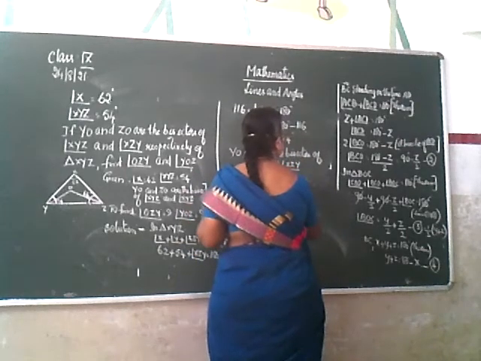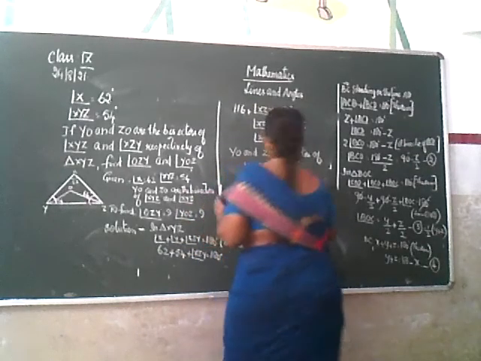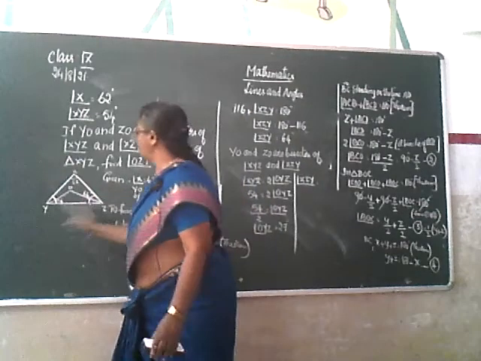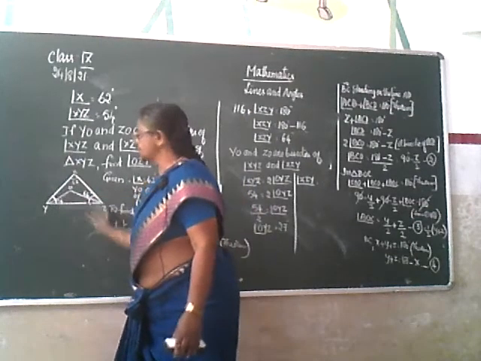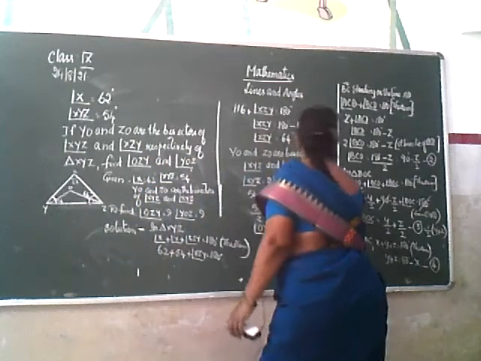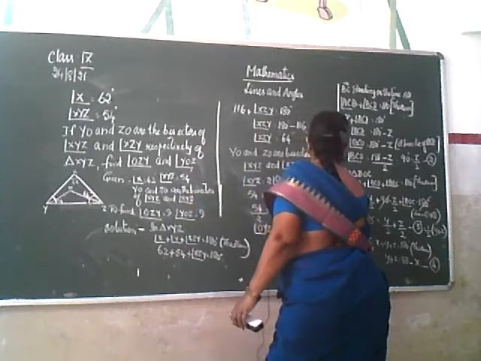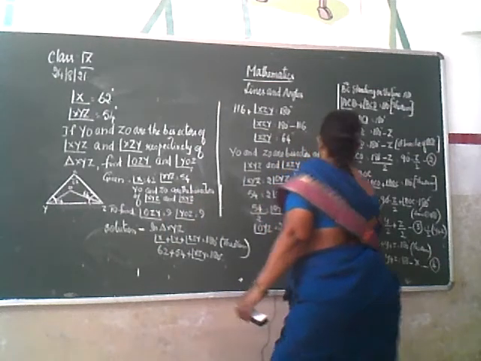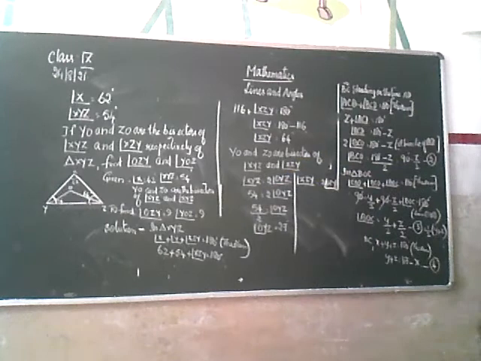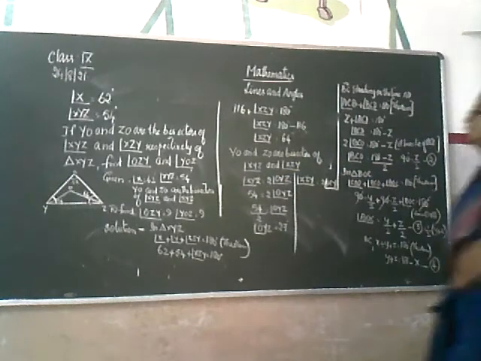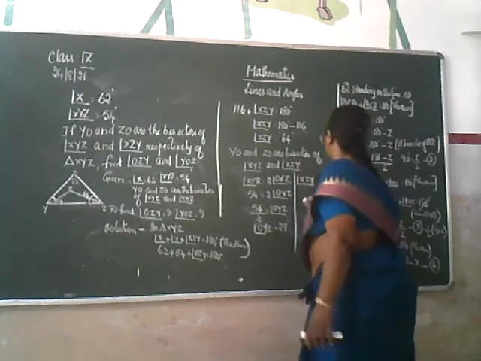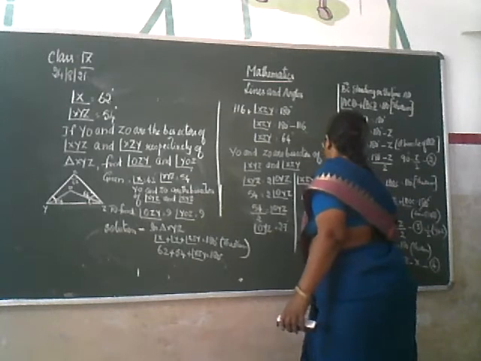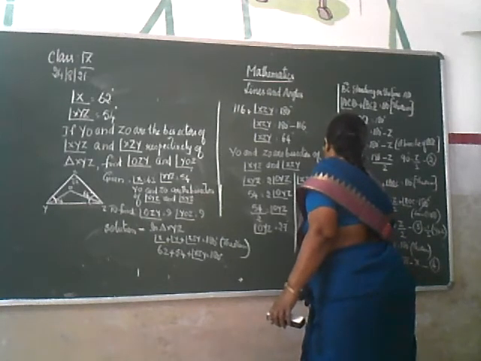Angle XZY is nothing but 2 times OZY, because it's a bisector. What is XZY? Just now we found out that it is 64, which is equal to 2 times OZY.